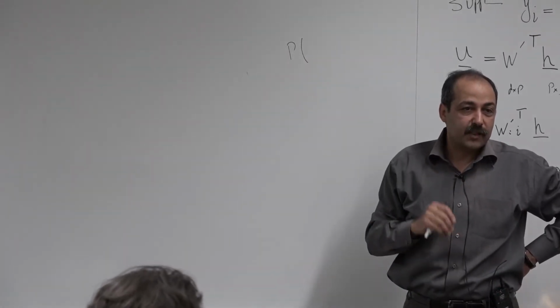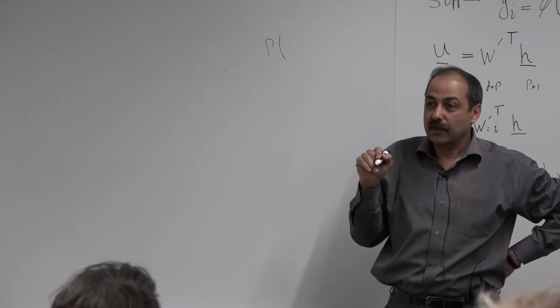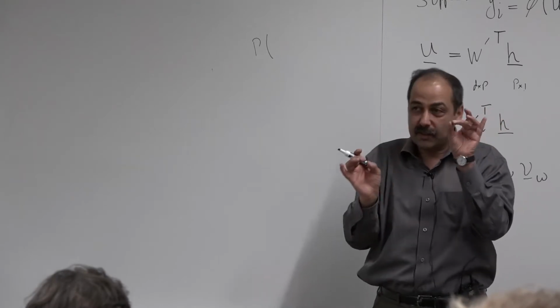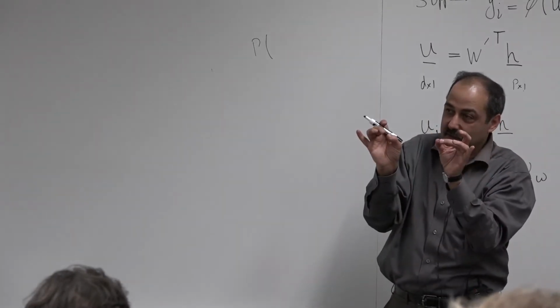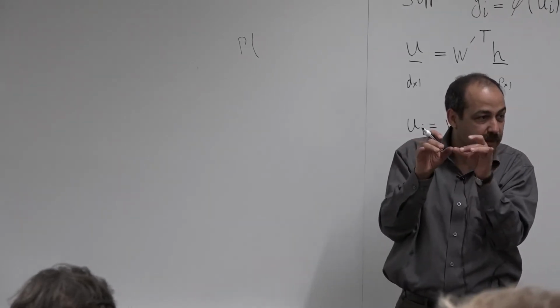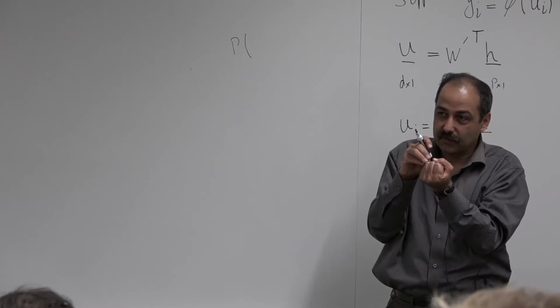What's the probability of book given book? It means what's the chance that the word book appears right after the word book? It's a very low probability. It's very unlikely that you repeat a word after itself, right?